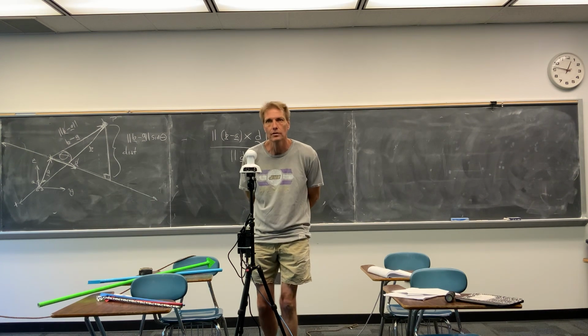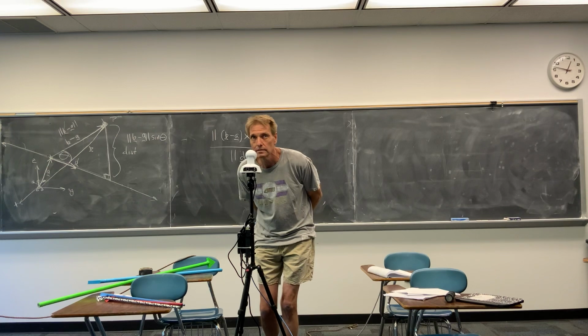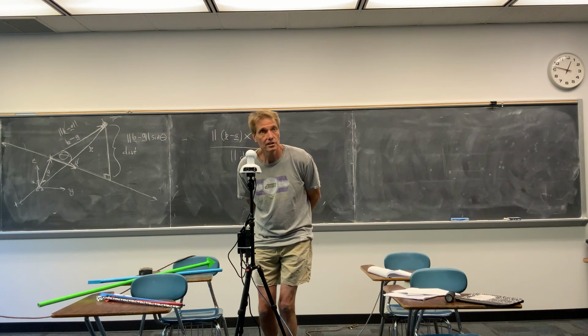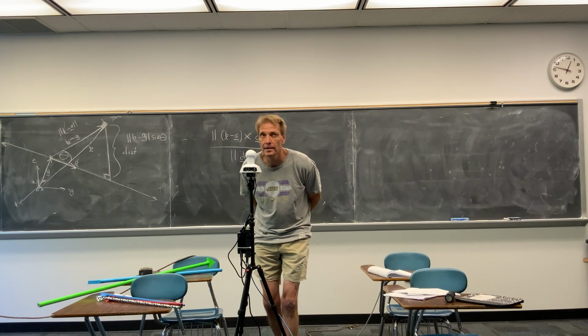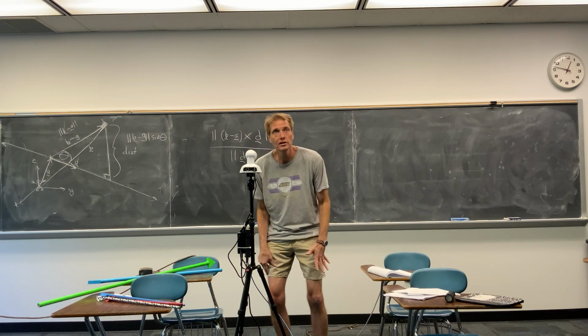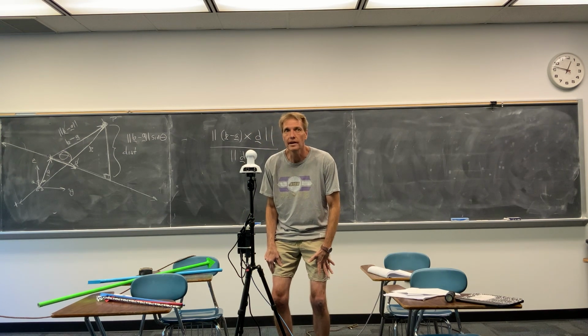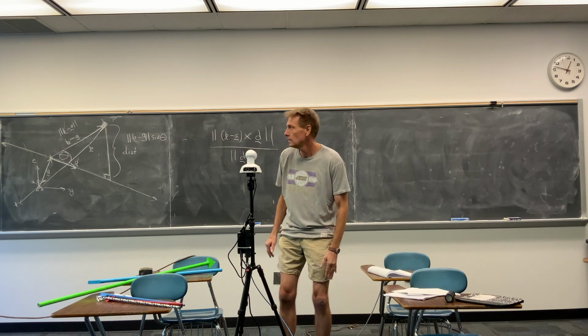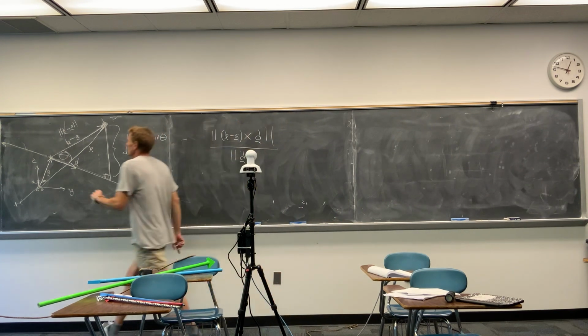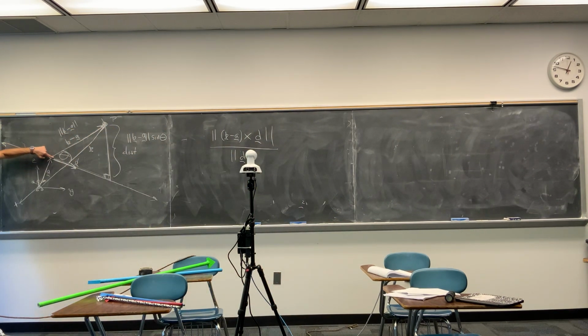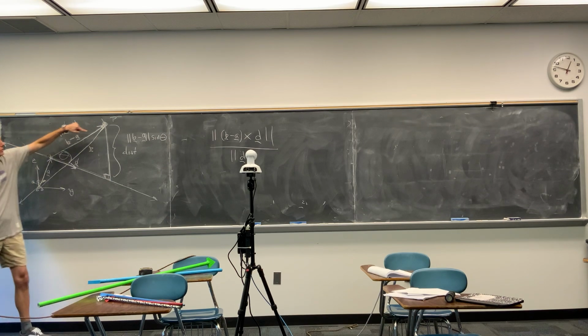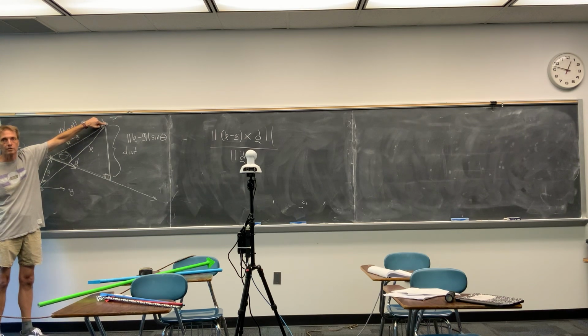What does A represent? Position vector. What does B minus A represent? Tough question. It's the vector going from the tip of A to the point P in three-dimensional space.